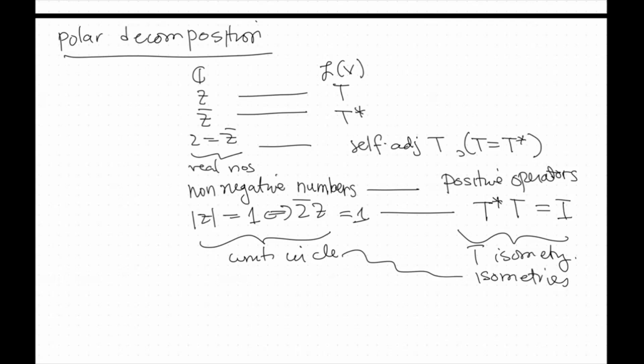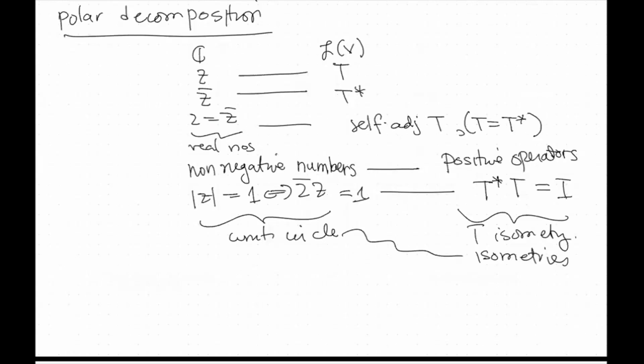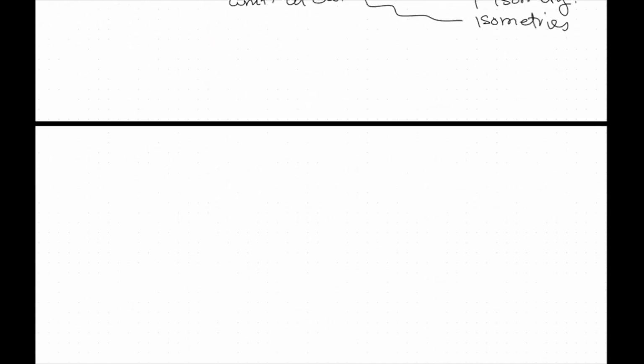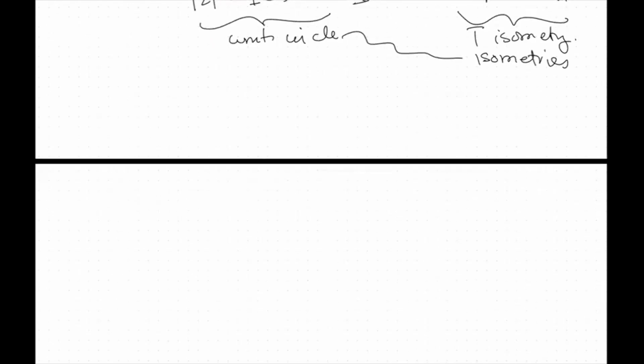Now we will continue our analogy to the following notion. If we have a non-zero complex number Z, we can express Z as this times this.